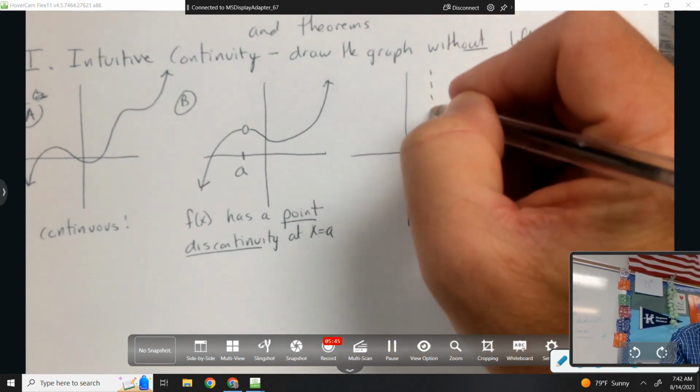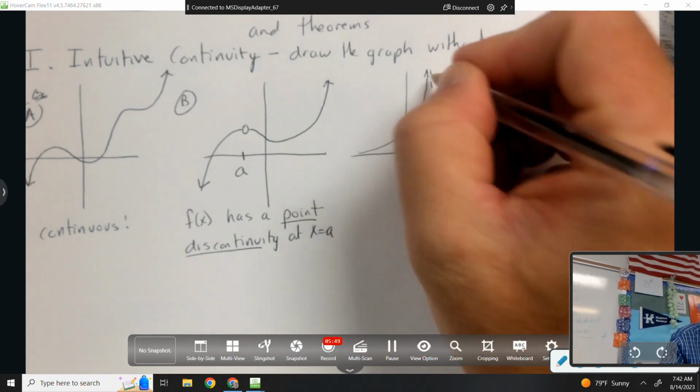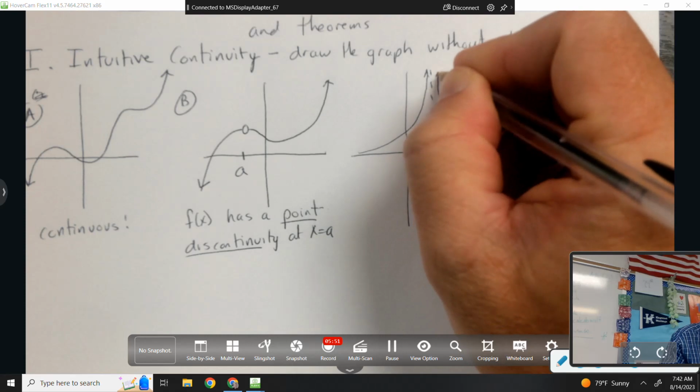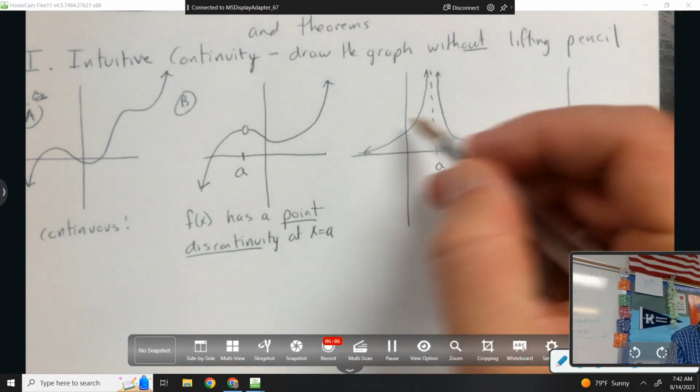Let's give the next one a vertical asymptote. Again, I think you can just tell by looking, that's not continuous. I can't draw that graph without lifting my pencil because there's two different branches.